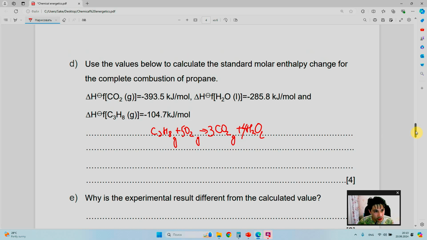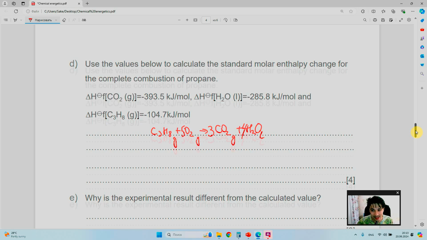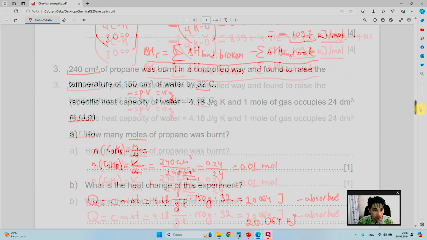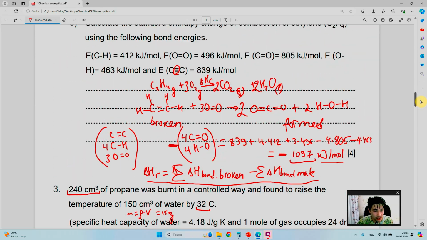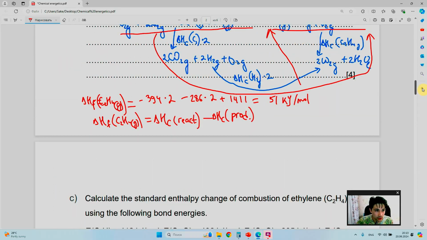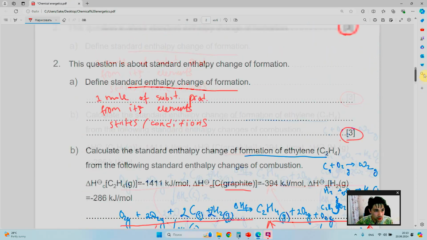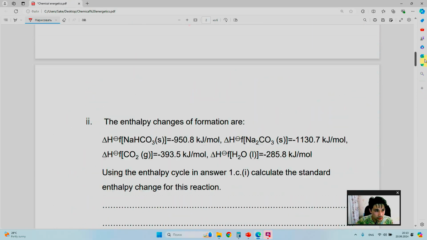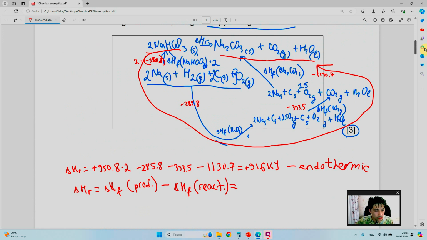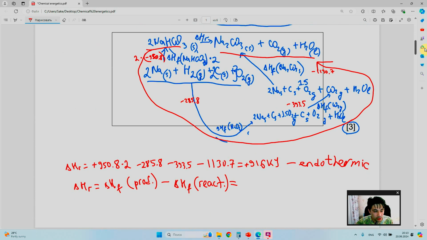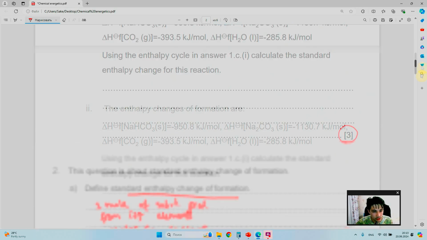So we need to find the reaction enthalpy from formation enthalpies. I actually don't remember what that formula was, which is why I'm always using Hess cycles. So let's go back and check what the formula actually was for formation enthalpies. For formation we need to take the formation enthalpies of products minus reactants.